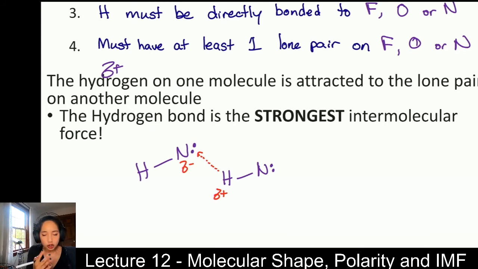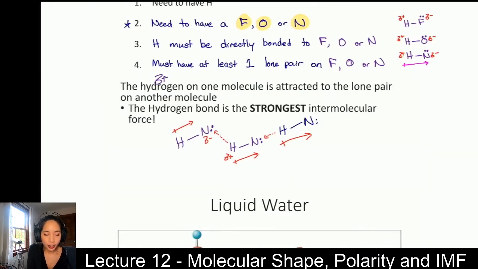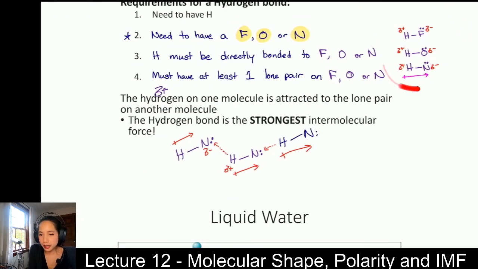So again, this is just another special type of dipole-dipole interaction where the negative end is attracted towards the positive end. And then, of course, you can keep going, like if another neighboring molecule has hydrogen and nitrogen, there's another interaction that you can draw there. So this, again, is just a special case of dipole-dipole interactions.